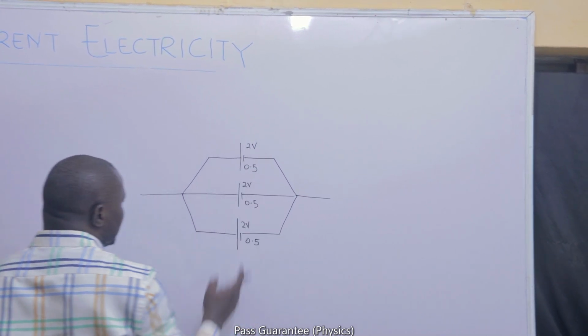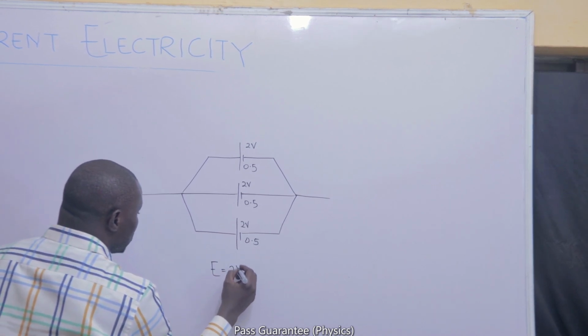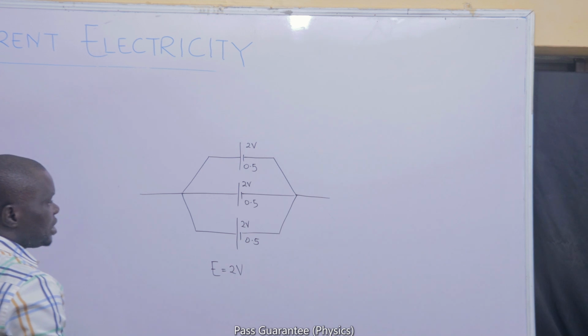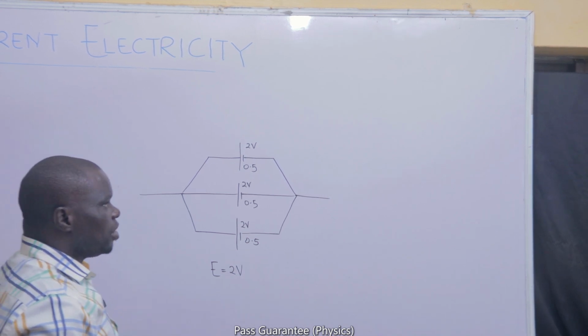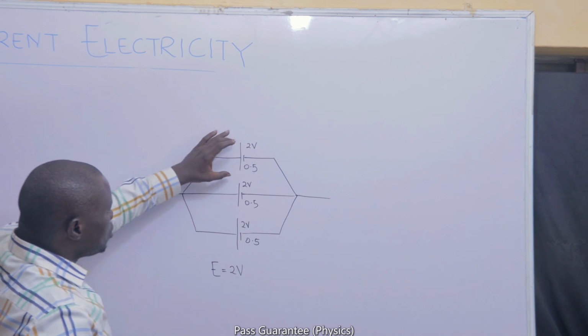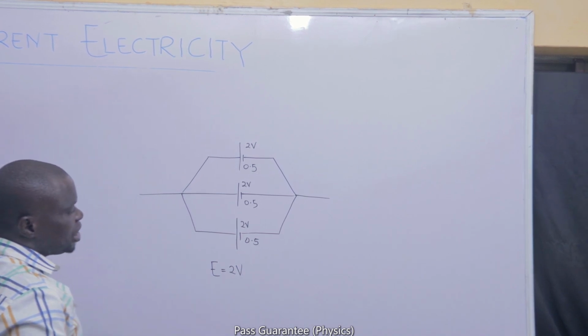If the EMFs are the same, you just pick one, and the total EMF will be 2 volts. The only difference here is that it does not give you a larger EMF. What it does is make sure that only one serves the purpose of powering your circuit.